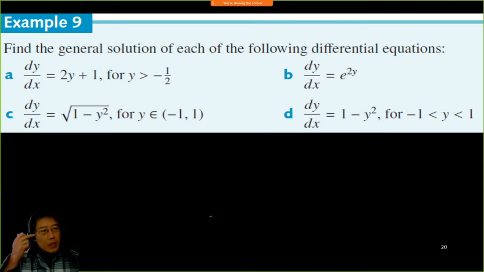Alright, so example 9, there's going to be 4 different functions. You have a situation where the right hand side is a function of y.